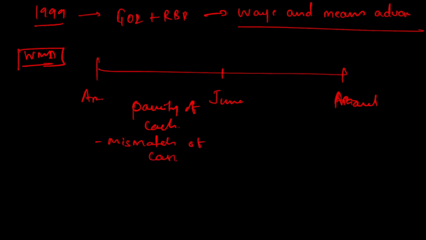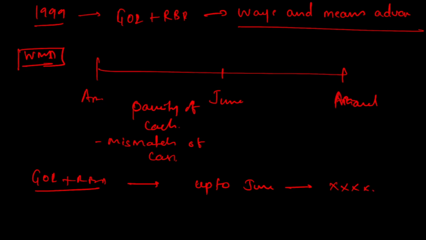So now every year or frequently Government of India and RBI make an agreement. So let us agree that for the period up to June, RBI would give Government of India a certain amount as ways and means advances, and after June, for the period from June to say April, there would be a certain other amount fixed, right?